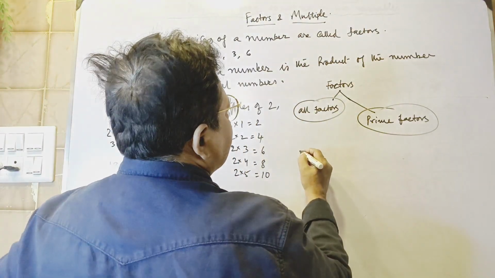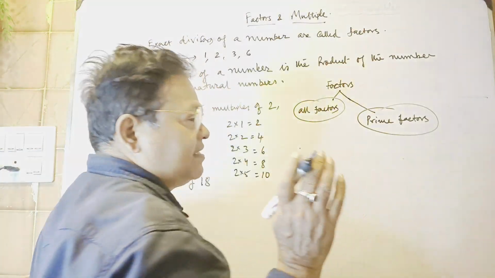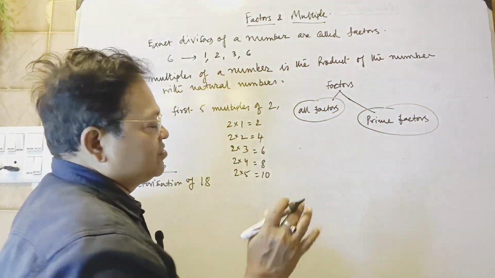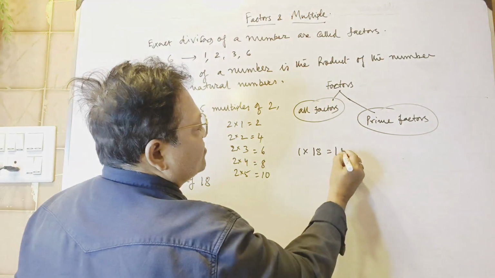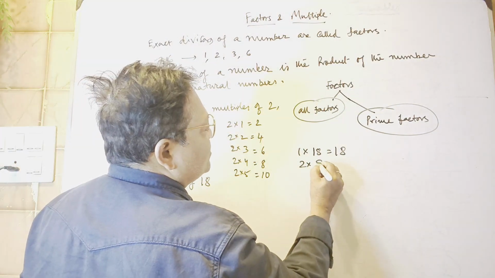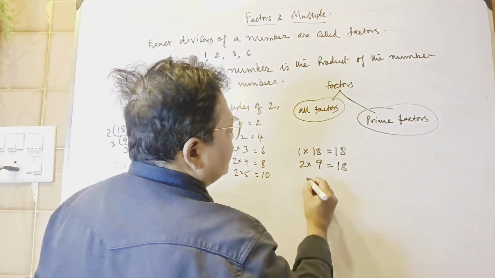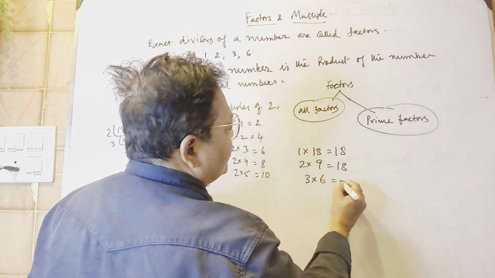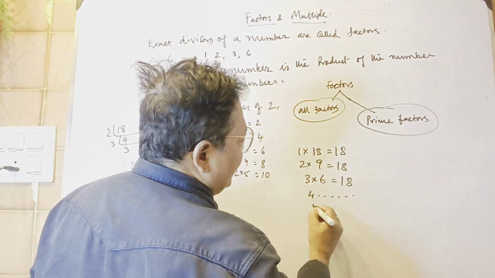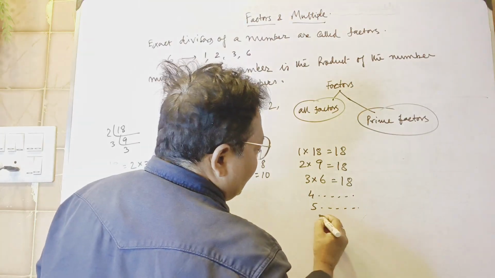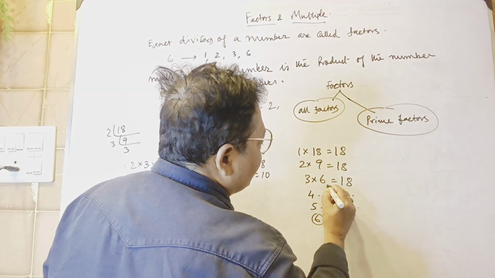Now how will you find all factors of 18? See, this is the actual procedure. 1 into 18 equal to 18, 2 into 9 equal to 18, 3 into 6 equal to 18, 4 not divisible, 5 not divisible, and 6 you will get here.